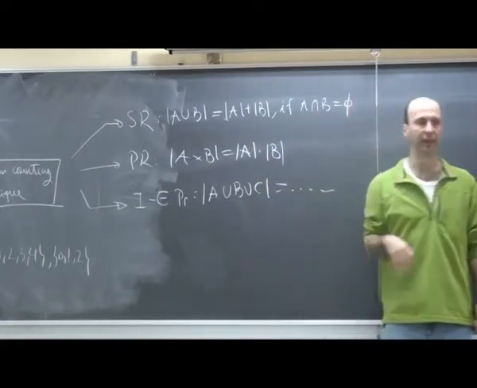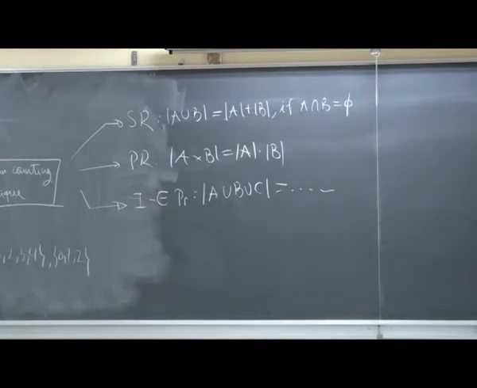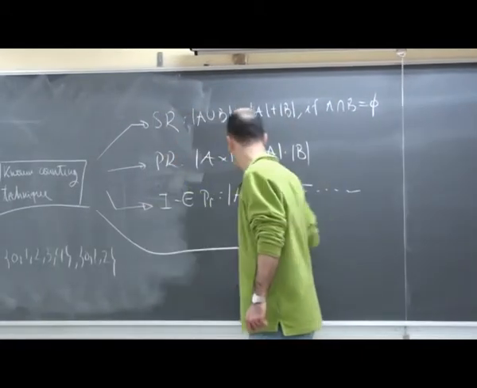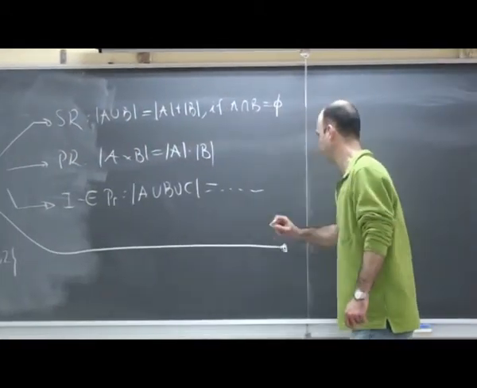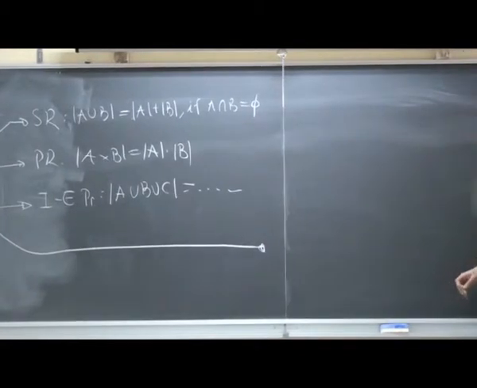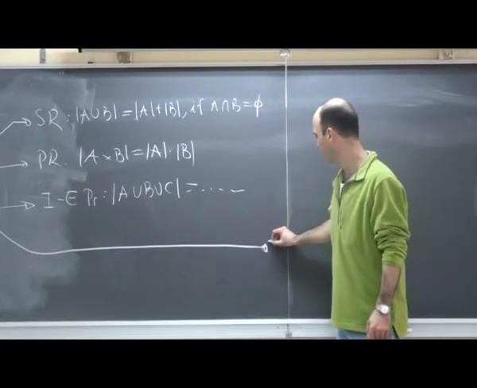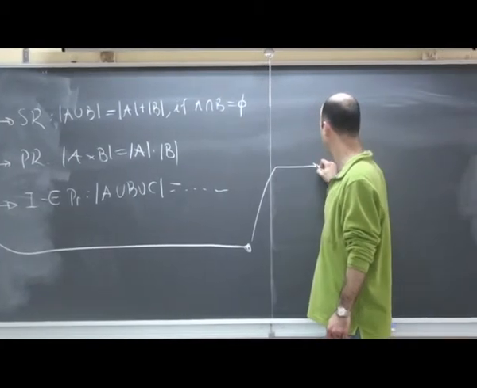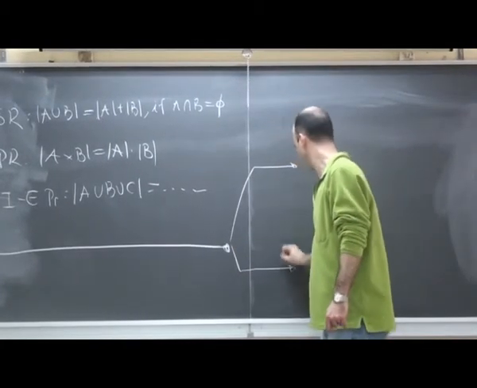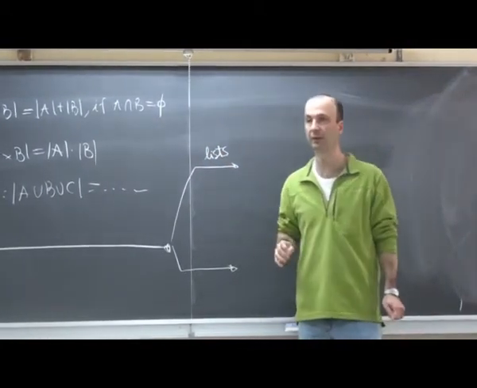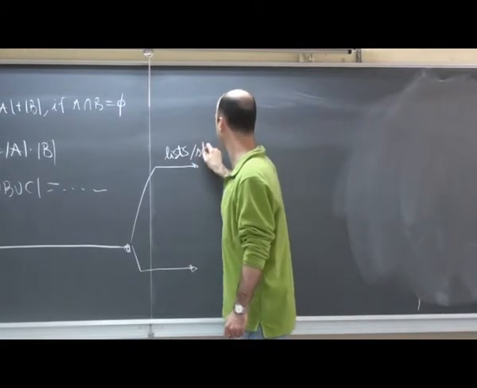I'll just leave it like that. So there's a formula there, and then there's a big branch coming out from here. Counting lists or strings.